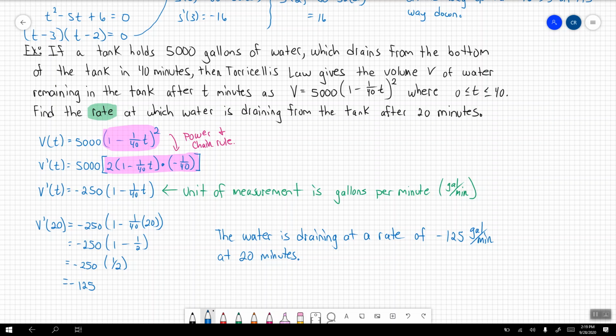Therefore, the rate at which it's draining is going to get smaller and smaller and smaller. And eventually, when t gets to 40, because that's 40 minutes, your rate for the water flowing out should be 0, because you're almost done draining that tank.